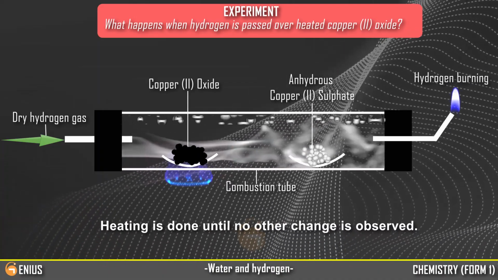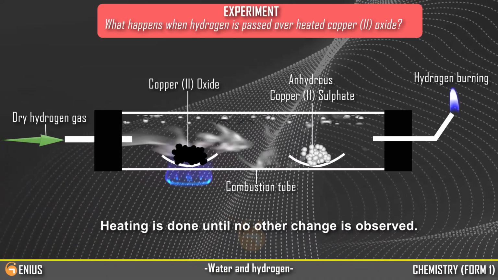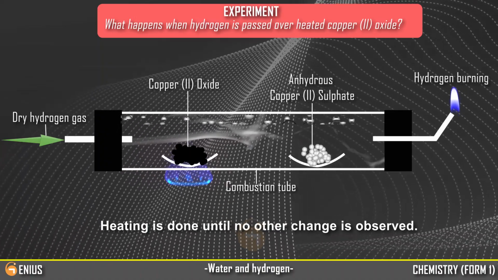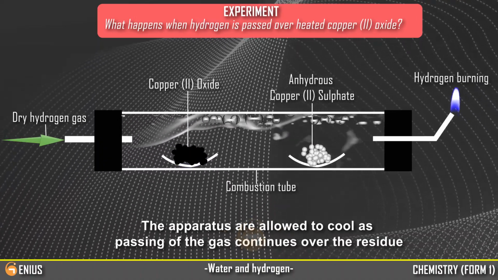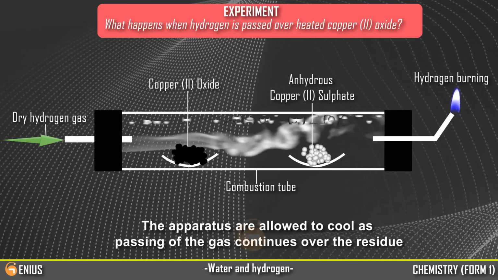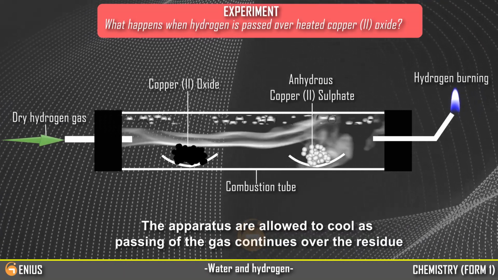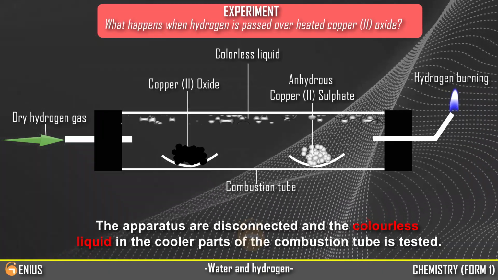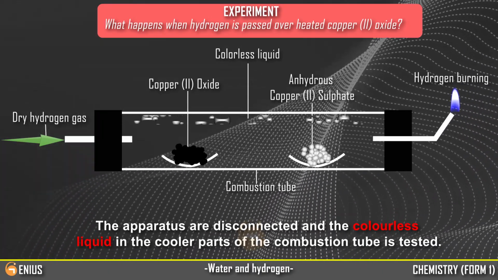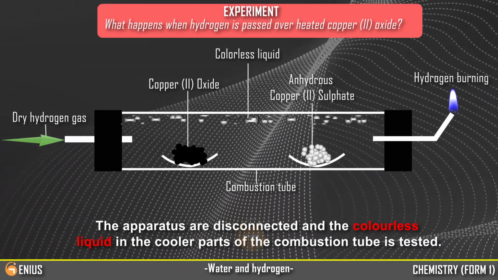Heating is done until no other change is observed. The apparatus are allowed to cool as passing of the gas continues over the residue. The apparatus are disconnected and the colorless liquid in the cooler parts of the combustion tube is tested.